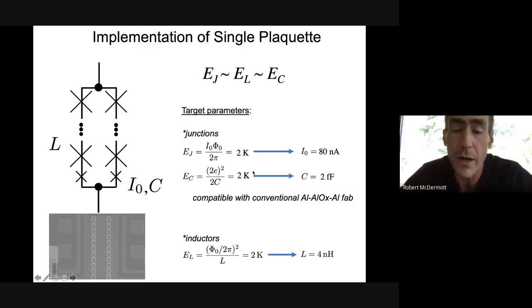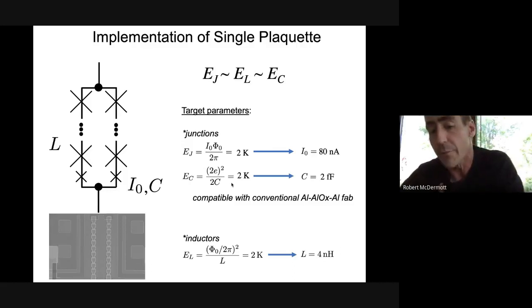For us, it's comfortable to target energies of about 2 Kelvin. This corresponds to a couple of femtofarad for these small junctions. So, roughly 200 nanometer by 200 nanometer junctions, or 150 nanometer by 200 nanometer junctions. This is compatible with the same type of junction fab that is typically used for transmon qubits and other types of superconducting qubits.